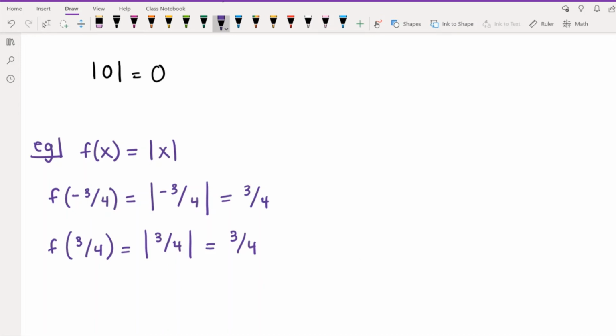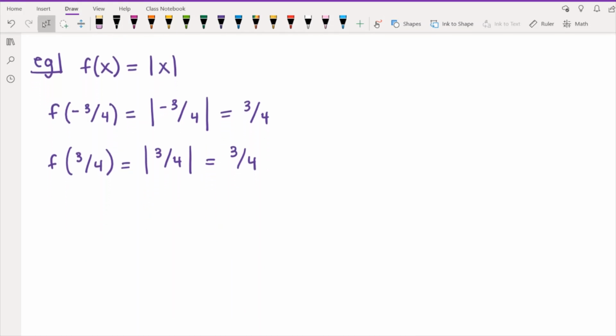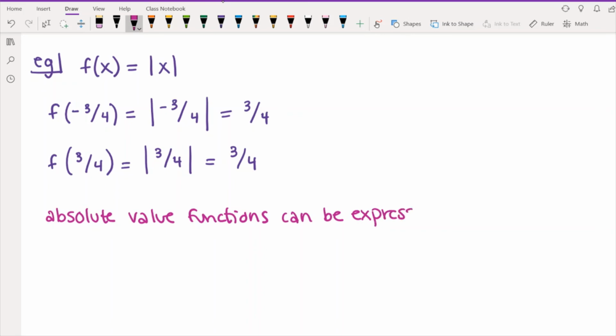So I want to connect this back to piecewise functions. The absolute value function can be expressed as a piecewise function. So I want you to pause the video, and again, as I mentioned in the last one, I really encourage you, all throughout, to pause the video anytime we're working on a problem and try it yourself first.